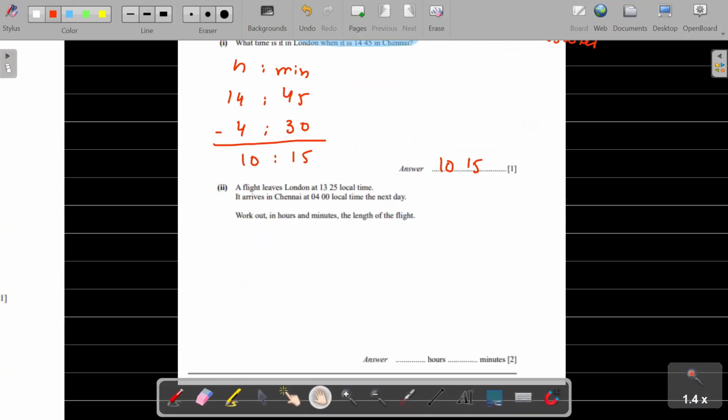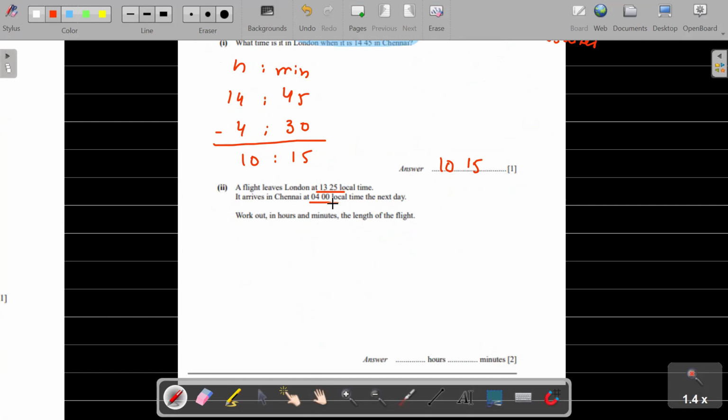Now let's figure out this one. It says that a flight leaves London at 13:25 local time. It arrives in Chennai at 4:00 local time the next day. Work out the length of the flight in hours. We need to figure it out. So it leaves London at this time and reaches Chennai at this time.